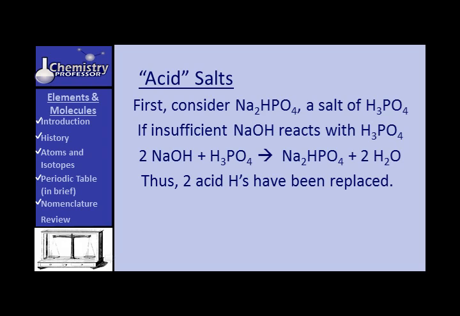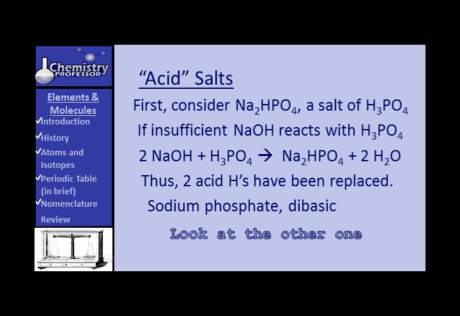Thus, as we look at it, we see that 2 of the hydrogen acids have been replaced. Therefore, we say, oh, it's reacted with 2 base units. Therefore, it's sodium phosphate dibasic. That's not really the reason we do it, but we're not into hydrolysis yet. So this is a way that you can look at it.